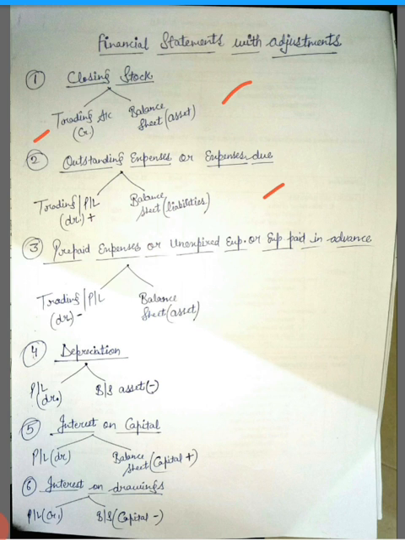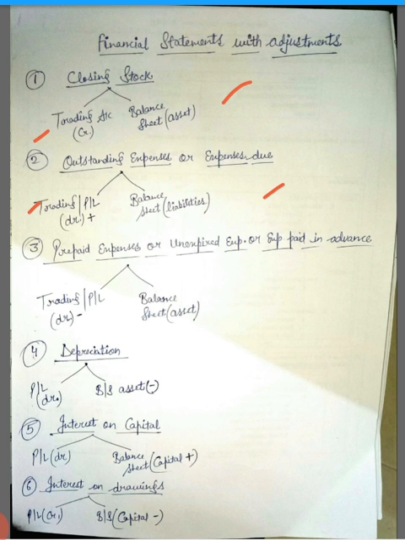So its adjustment effect will be, we have to add it in the trading or profit and loss account to the concerned expense. For example, salary outstanding 1000. Salary is a profit and loss expense. We record salary in the profit and loss account. So we will add outstanding salary in the profit and loss account to salaries.